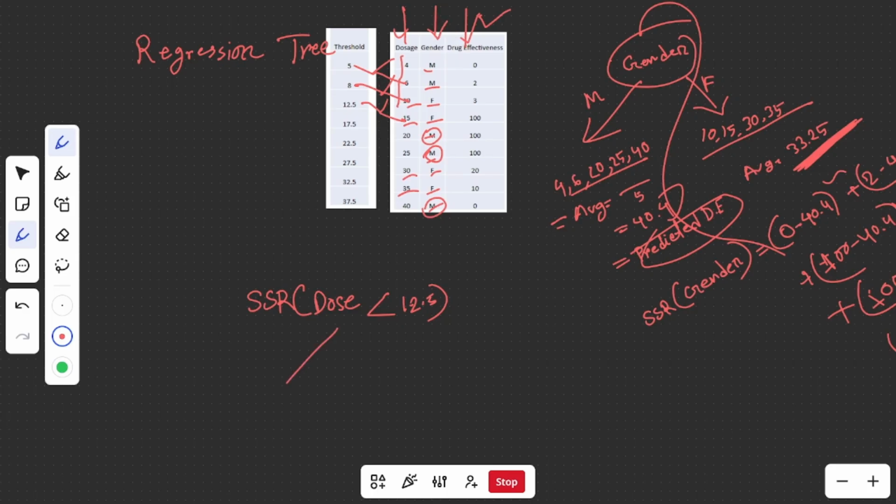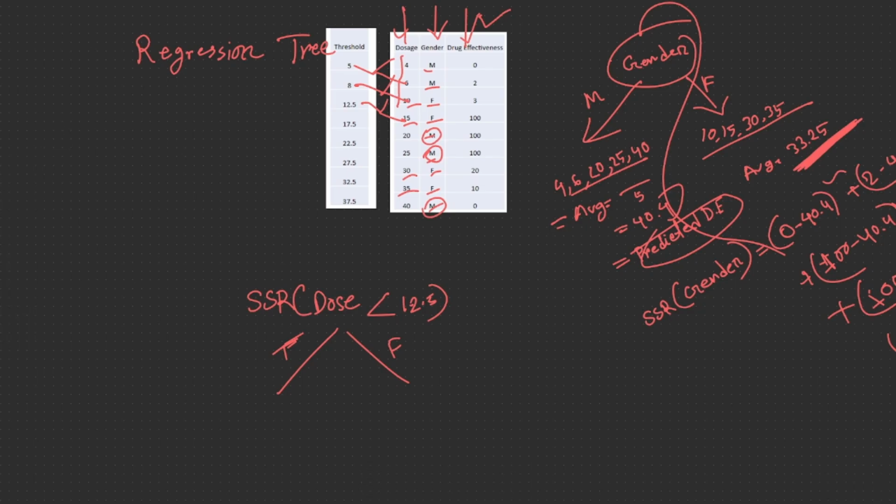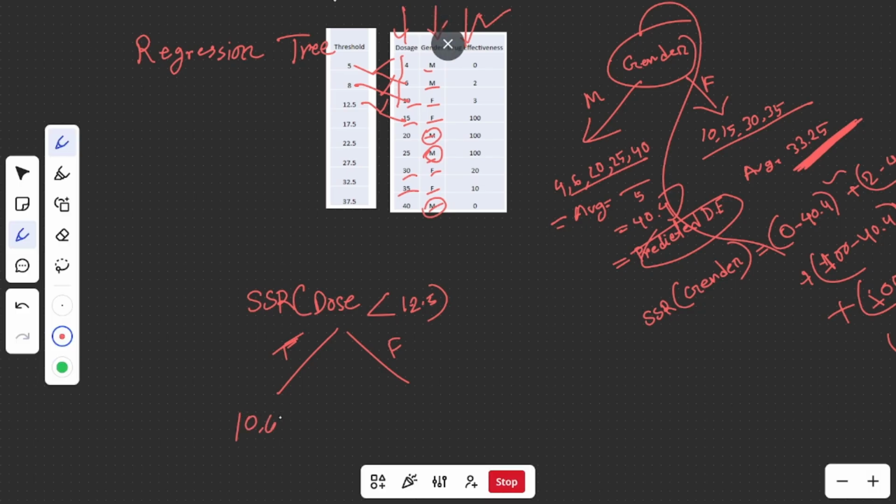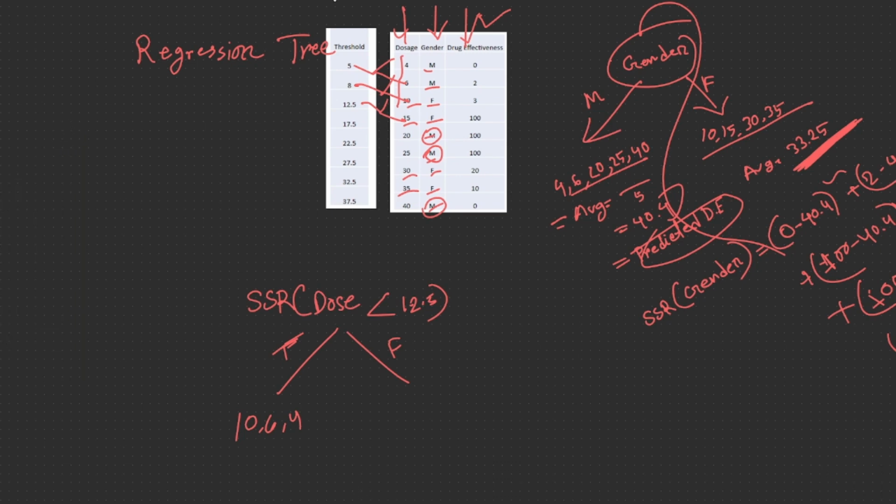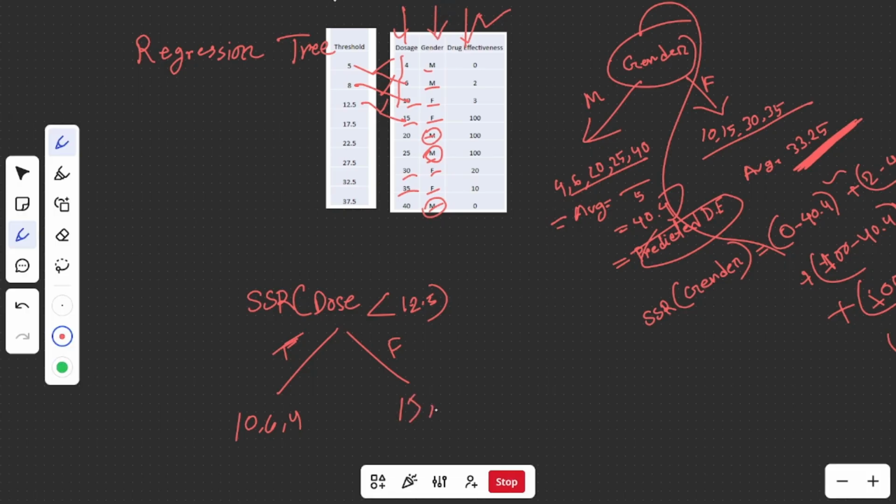Less than true or false. If true, then 10, 6, 4, and if false, then 15, 20, 25, 30, 35, and 40.